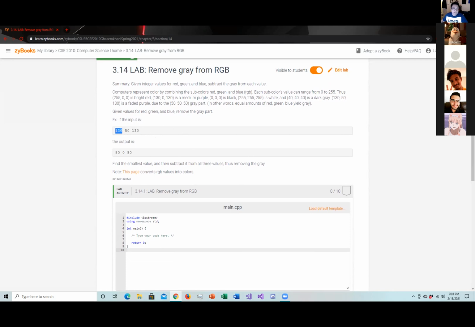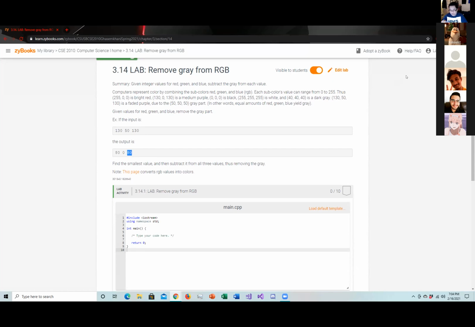Between 130, 50, and 130, the smallest number is 50. So we subtract 50 from each, giving us the output 80, 0, and 80. This looks like a very simple lab. In fact, I like it a lot.